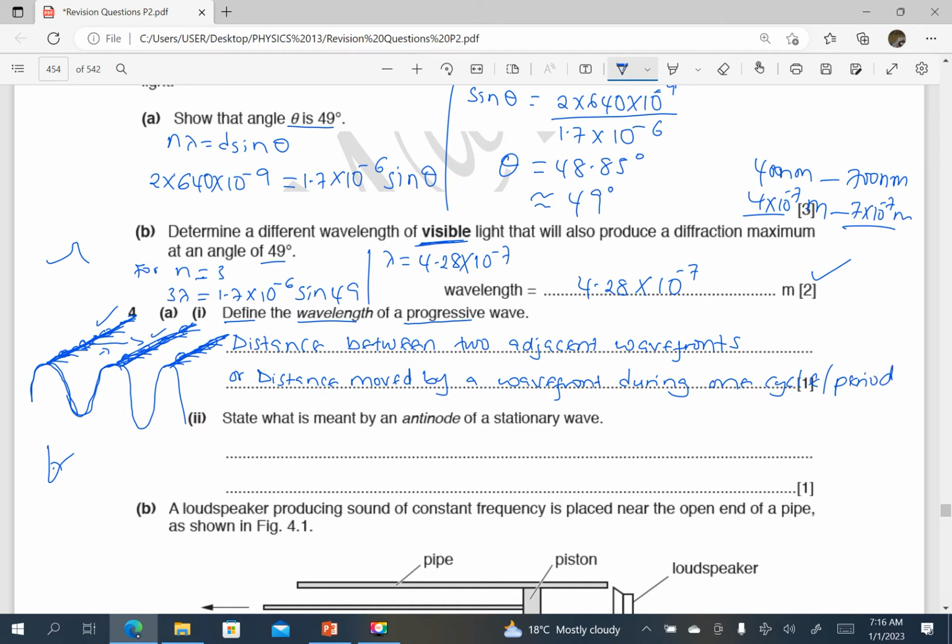So that is a wavelength. Or the minimum distance between two adjacent wavefronts. Minimum is equivalent to saying adjacent, because minimum is the shortest between two wavefronts. Or I can say the minimum distance between two wavefronts.